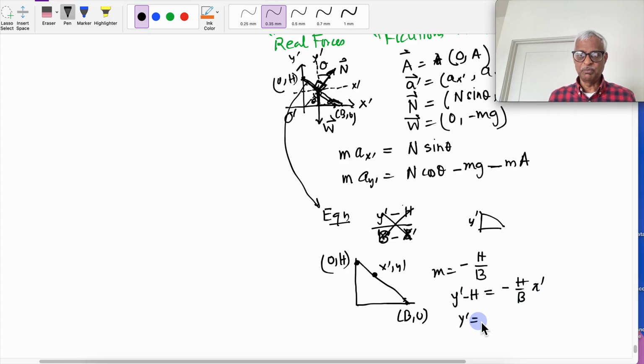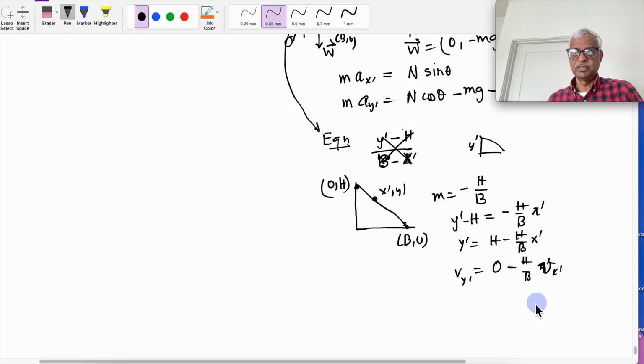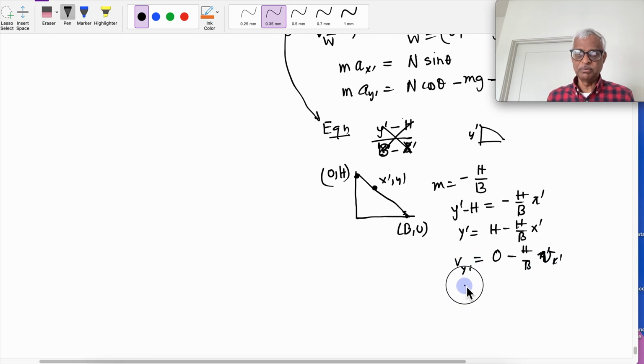So y prime is h minus h over b x prime. Take another derivative, a y prime equals minus h over b.